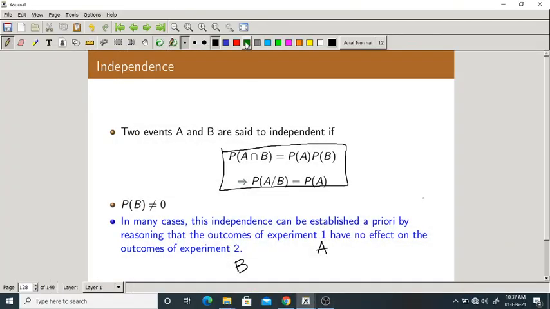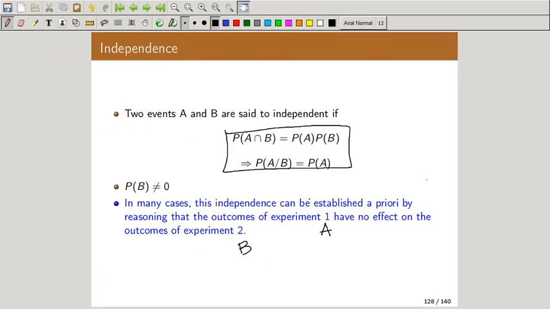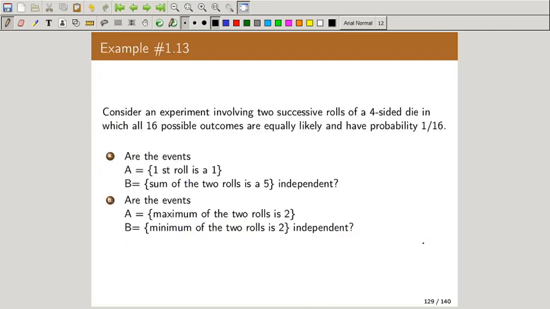Now, this is the physical way of saying independence. When an event A has no effect on event B, then they are said to be independent of each other. So let us take a simple example to verify whether two events are independent or not.